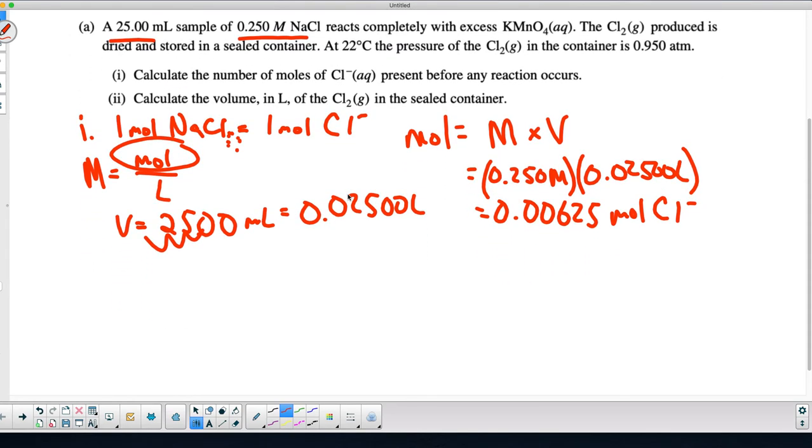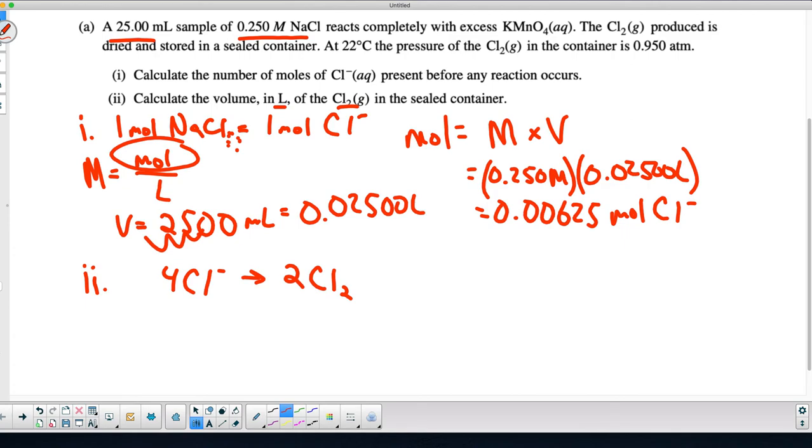Now let's take a look at calculating the moles and the volume in liters of another part of this. As you can see, I have 2 different pieces of an equation. The one piece is where we started, and then that goes to 2Cl2 on the other side. So I have 4 moles of chloride reacting to form 2 moles of chlorine.